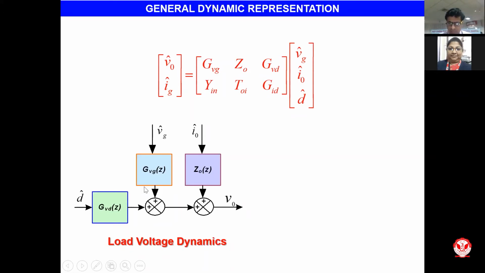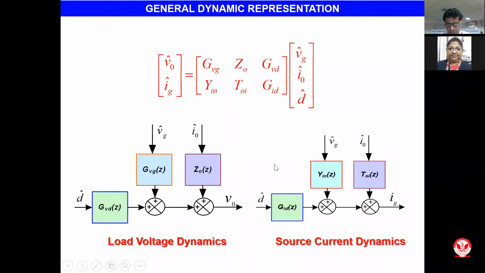These transfer functions are indicated in discrete time, which depends on the duty ratio, source voltage, and the load current. Similarly, you have source current dynamics, which are again interrelated with three different transfer functions, thereby affecting the dynamics of the source current.